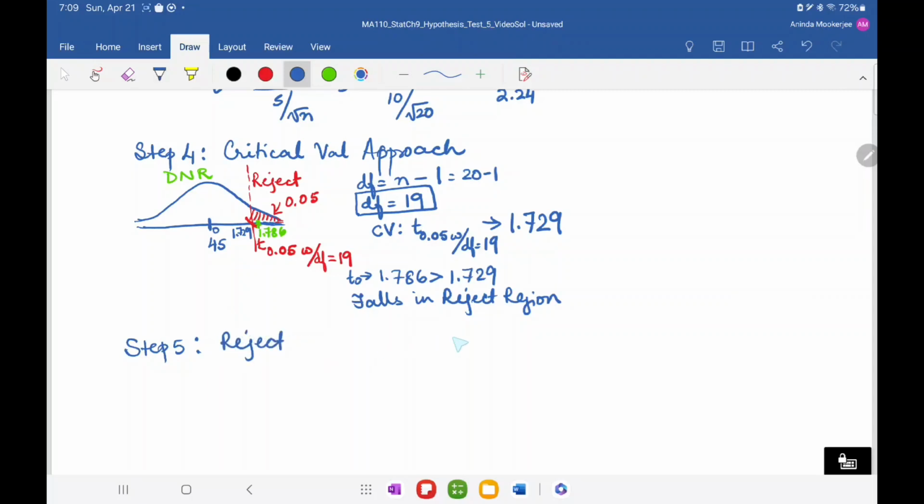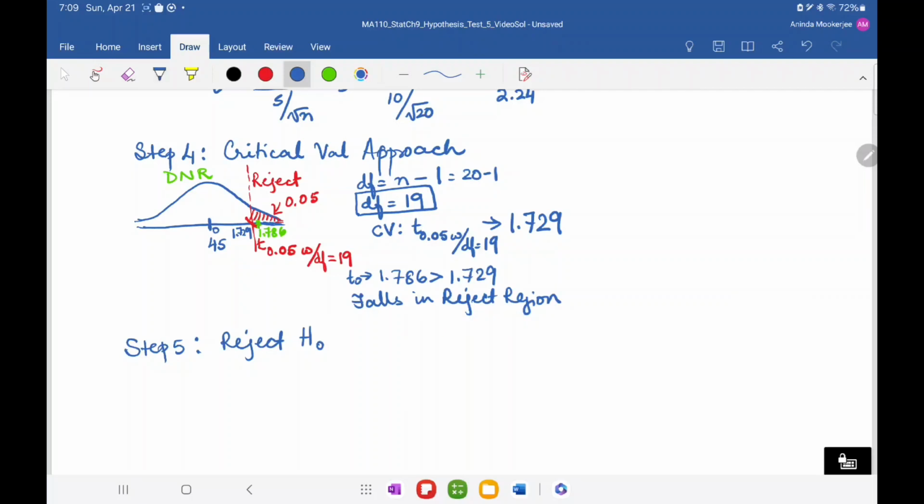That's going to be our decision, but you have to explain clearly how you came up with this decision. This figure is necessary, showing all the markings, which is the reject, the do not reject, and what the critical value is. Show your work here, and also explain why you say that it falls in the reject region.